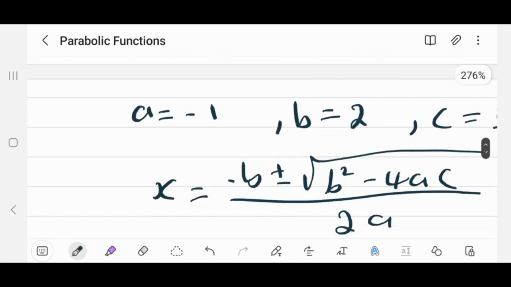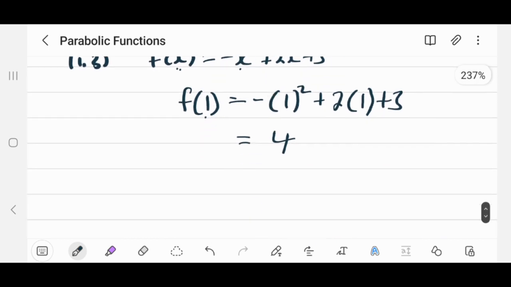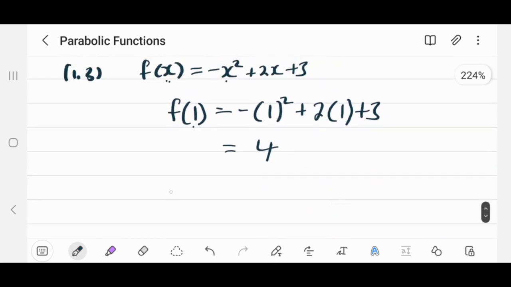So we can say the range is from 4 going down. One learner can say y, not x, because we're dealing with the range, is an element from negative infinity. We always start with the lowest one, up to 4, and 4 is included.